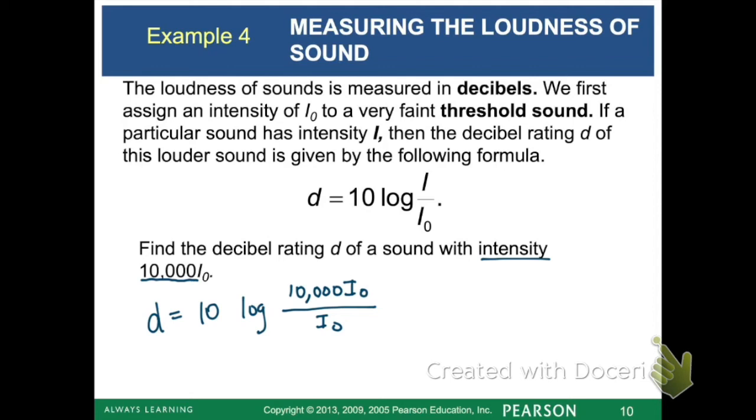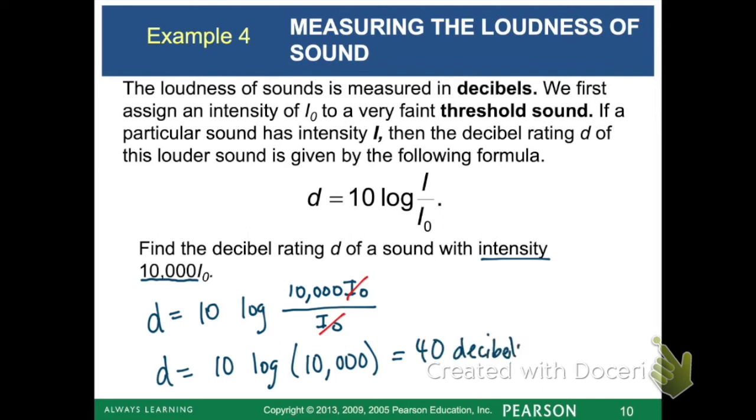I have that on the top and the bottom of the fraction, so I know that I can cancel those out. So now I'm left with 10 log of 10,000. Since it is a common log, base 10, I can just type that in my calculator, and I get the answer of 40 decibels.